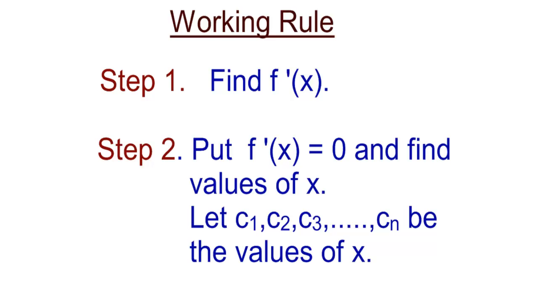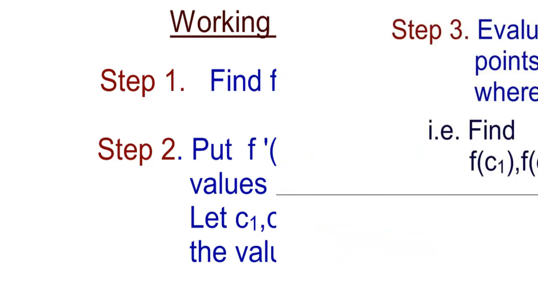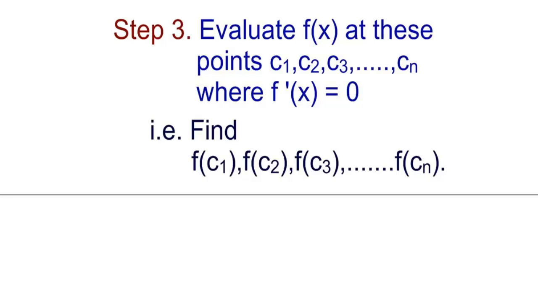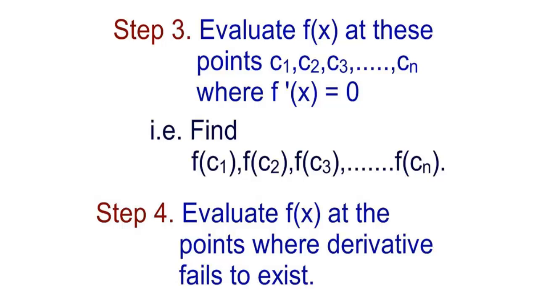Step 3 is to evaluate f(x) at these points C1, C2, C3, etc., Cn, where f dash x is equal to 0. That is, find f of C1, f of C2, f of C3, etc., f of Cn. Step 4 is to evaluate f(x) at the points where the derivative fails to exist.